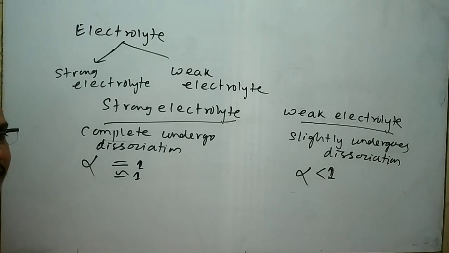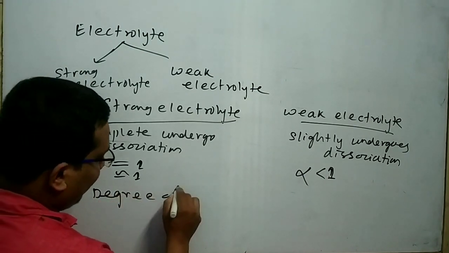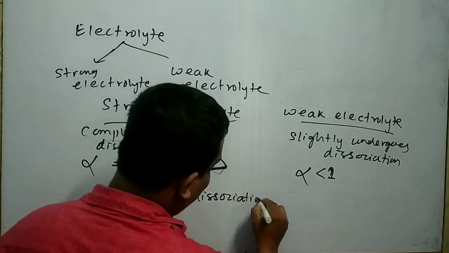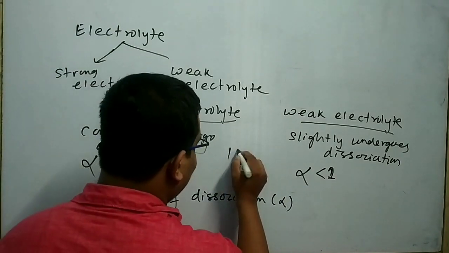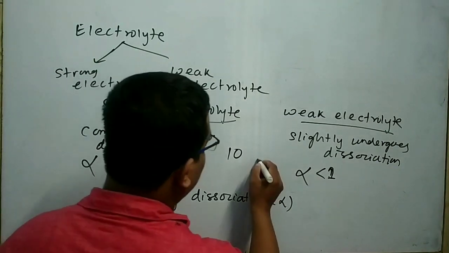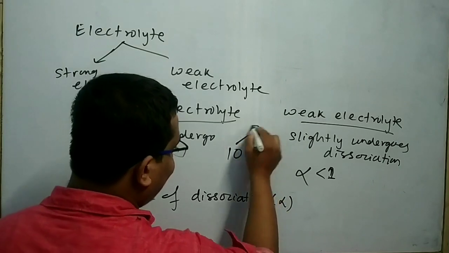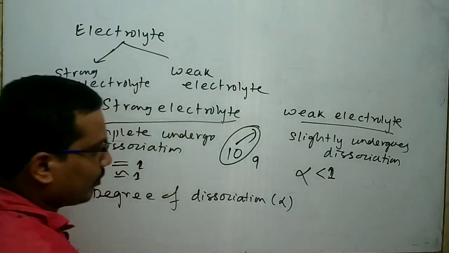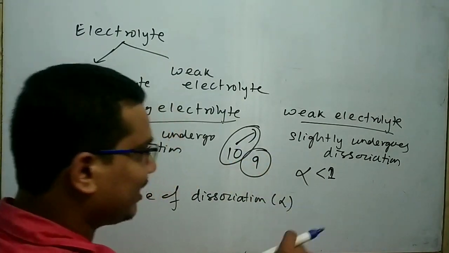Then what is the meaning of degree of dissociation or degree of ionization? Degree of dissociation is indicated by alpha. Suppose I take 10 molecules. Among the 10 molecules, suppose 9 molecules undergo dissociation.